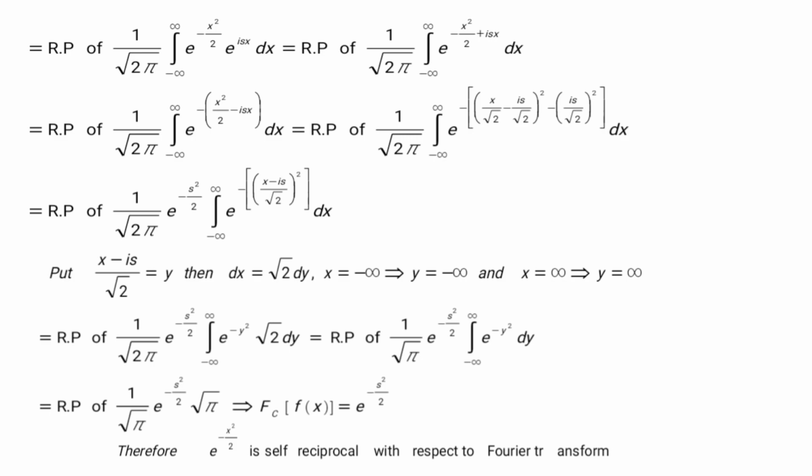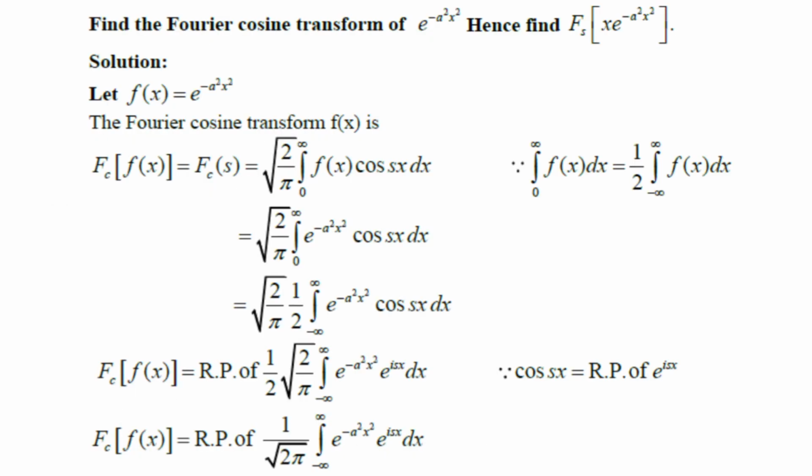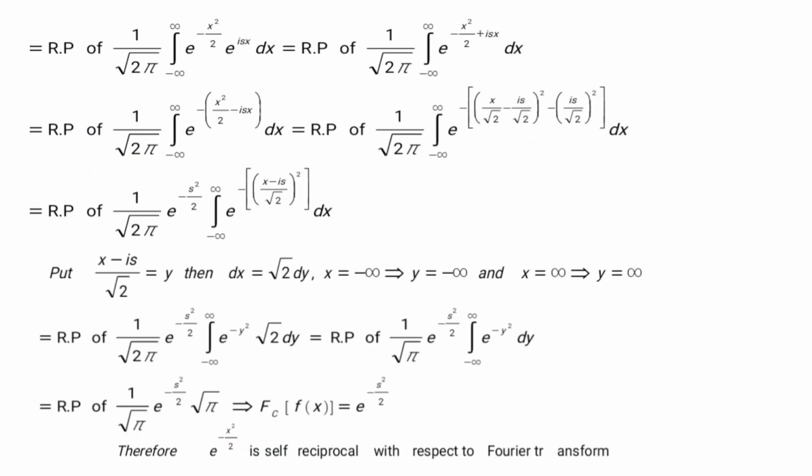Use the formula a minus b the whole square equals a square minus 2ab plus b square. So the real part of 1 by square root of 2 pi into e power minus s square by 2, into the integral from minus to plus infinity of e power minus of x minus is by root 2, the whole square, dx. Put x minus is by root 2 equal to y.